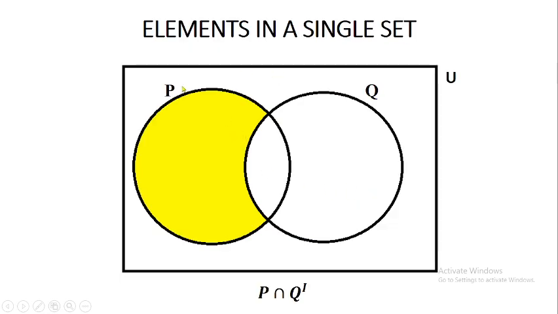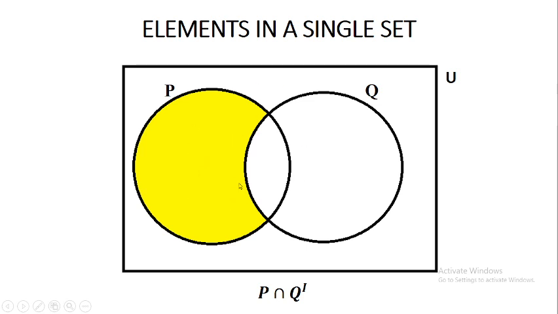Also, when we have two subsets of a universal set in a Venn diagram, and those two sets are intersected, or they have an intersection, they have common elements, then there are some things we can get from the Venn diagram.